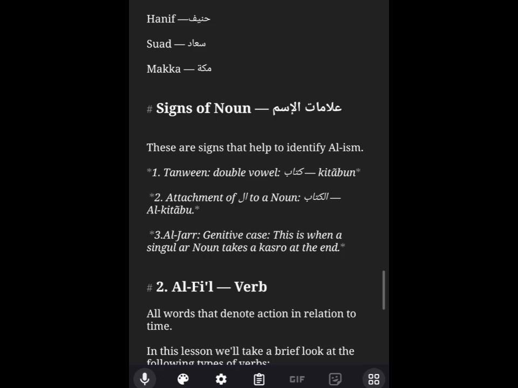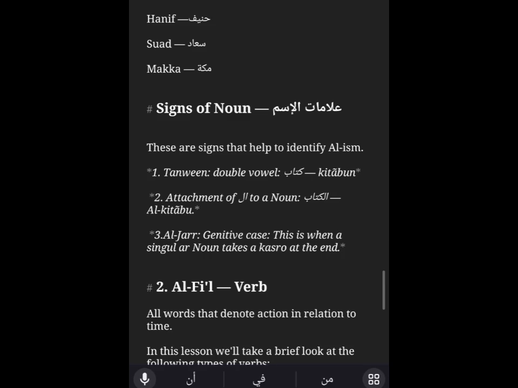Number 3, al-jar. Al-jar, or the genitive case, is a grammatical declensional position or case of a word. This refers to the word ending, how Arabic words end with respect to the vowels that we talk about: fatha, kasra, and dhamma.